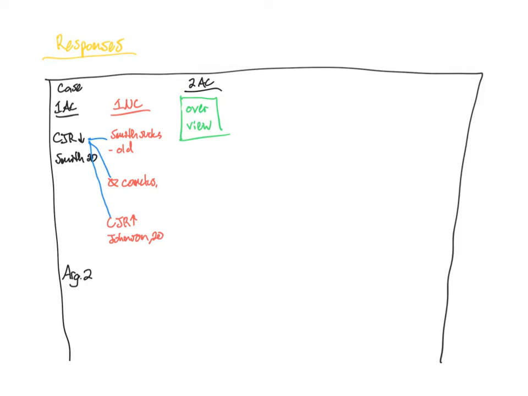Now, one more trick here, one tip I would give, is that especially in the 2AC, I would give yourself a little bit of room at the top. So maybe don't start your flow right underneath there, maybe give a little bit of space there. In the 2NC, I might do that there as well.